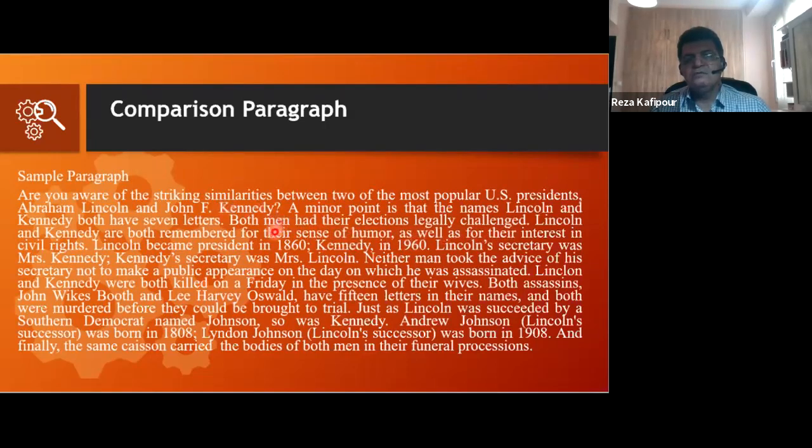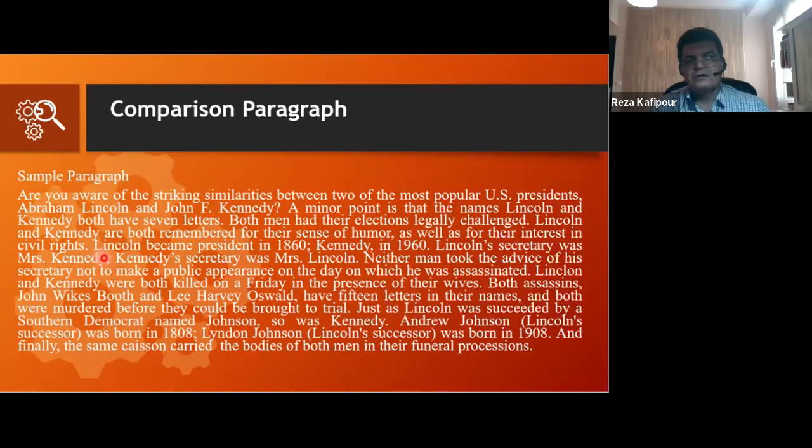The other one uses "both" again to show similarities. So the election legally challenged is something similar between both presidents. Lincoln and Kennedy are both remembered for their sense of humor as well as for their interest in civil rights. Again, using "both" to show similarities between these persons.